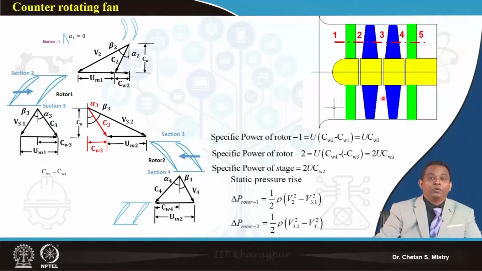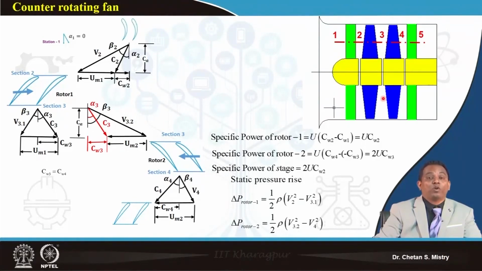Now let me tell you, take the recent fighter, the fifth generation aircraft F-35. It has the F-135 engine made by Pratt & Whitney, in which all the compressor stages they have designed are of counter-rotating configuration.